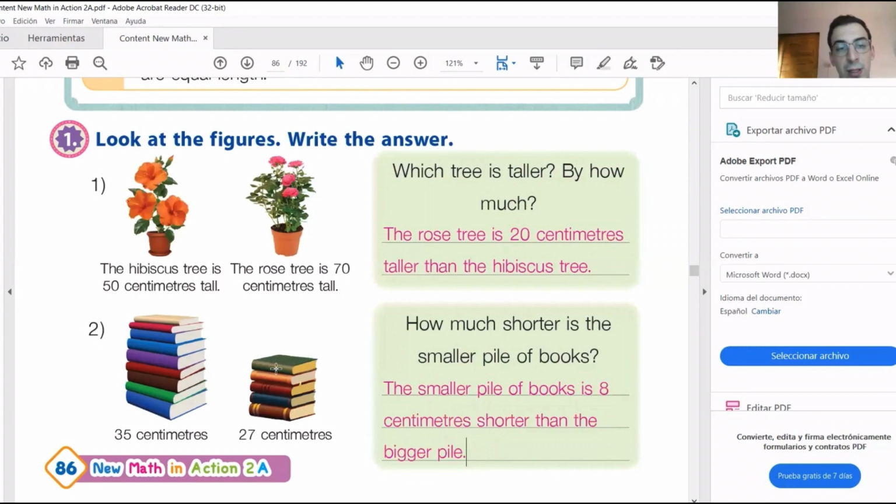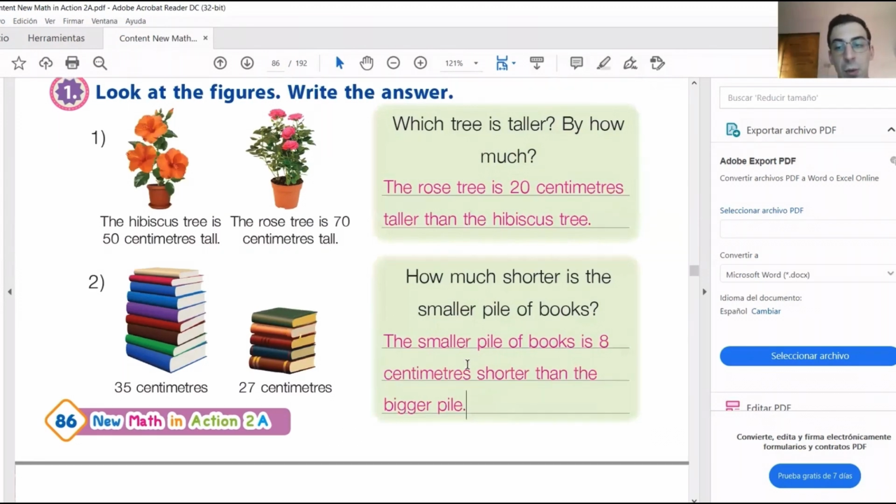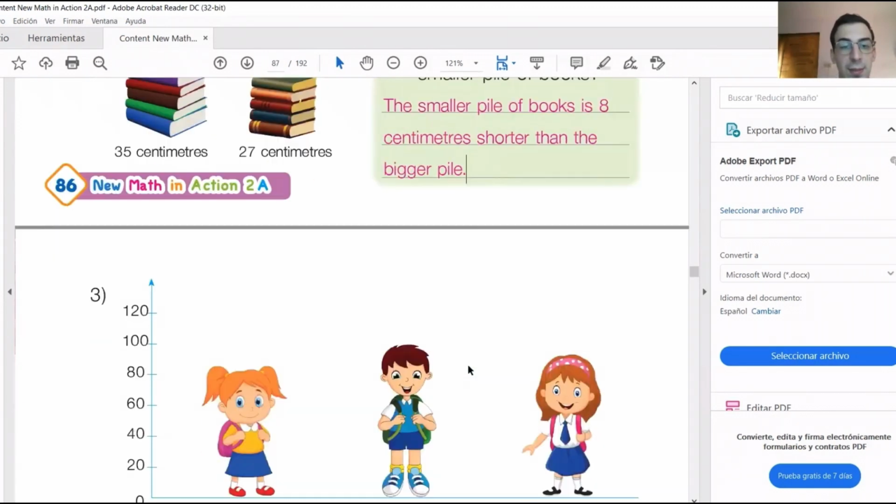Okay, if we would have another book that is 8 centimeters tall and we put it on the top of this pile, we will get the same height of both piles. Perfect. So let's continue, please.